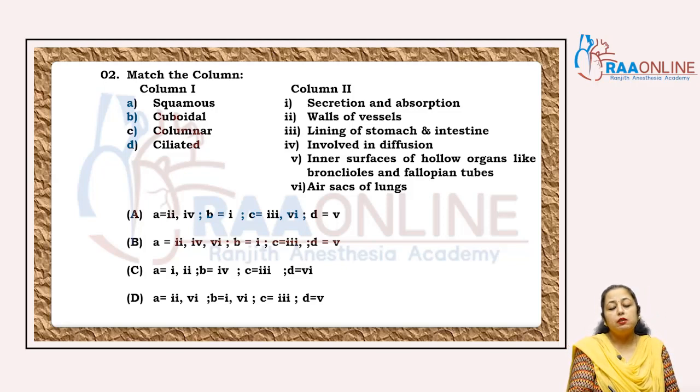Squamous epithelium, the most characteristic feature of that is thin, flat, scale-like cells, right? And it is present where rapid filtration and diffusion takes place. So rapid filtration and diffusion takes place, that is 4.